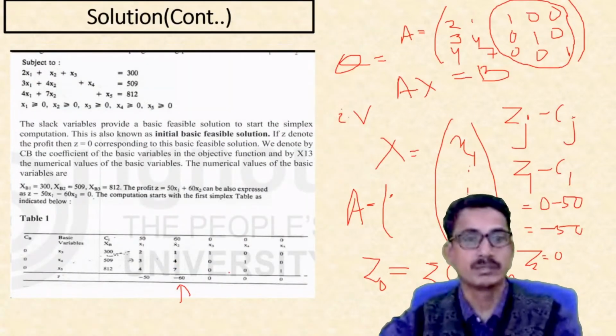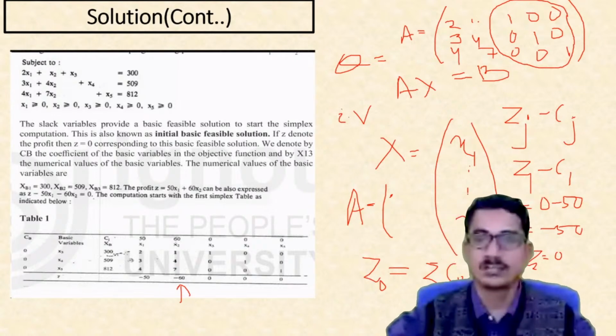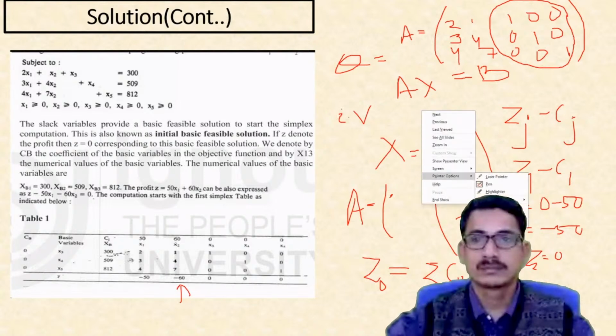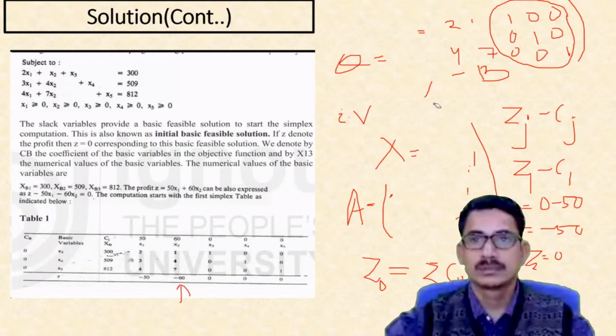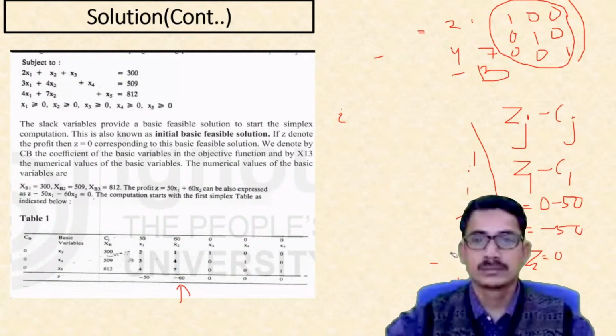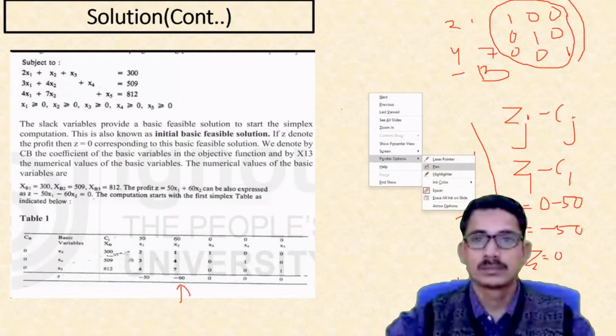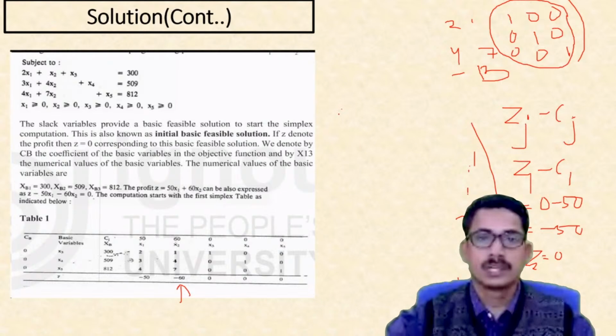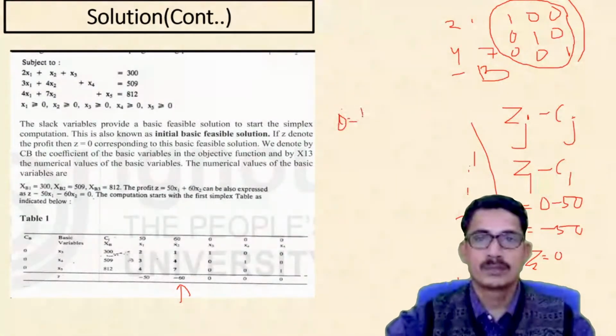Okay, let me tell you how to get it. The formula is like this: theta is equal to minimum of xb by xj.